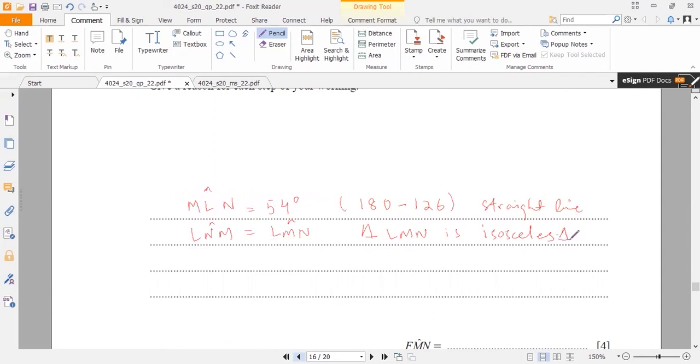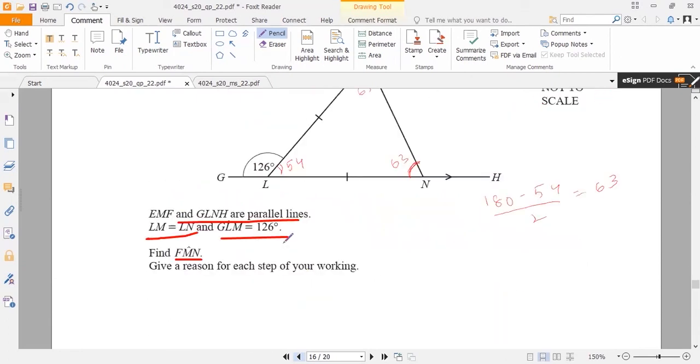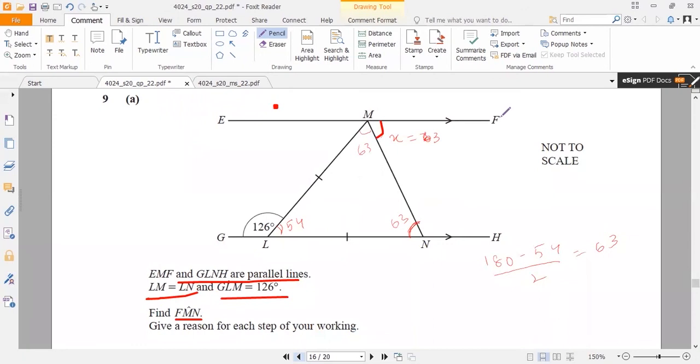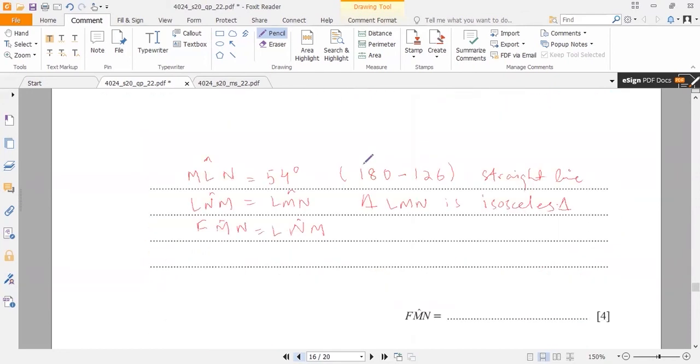Then we can say that angle FMN is equal to LNM. What does it mean? Angle FMN will be equal to LNM, because these are alternate angles. So this FMN will be equal to 63.